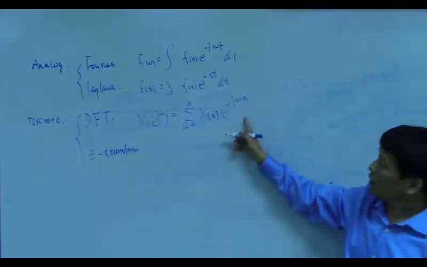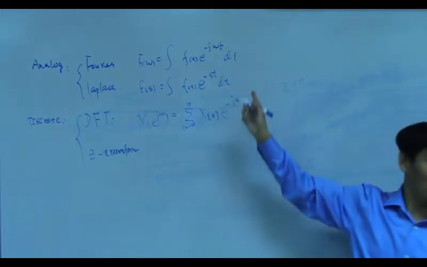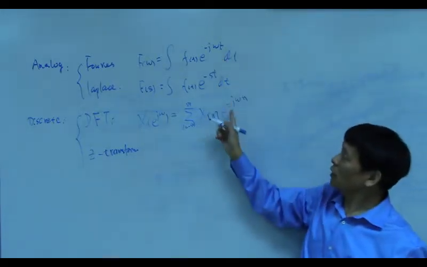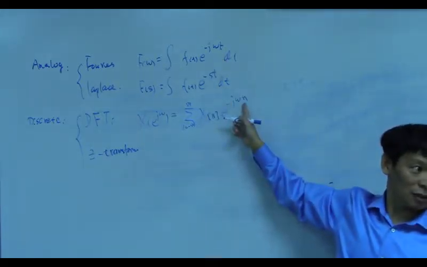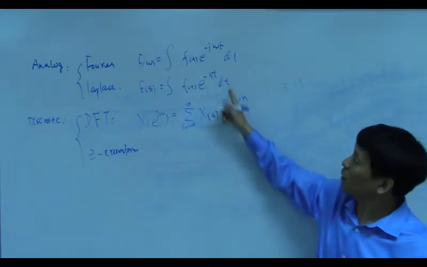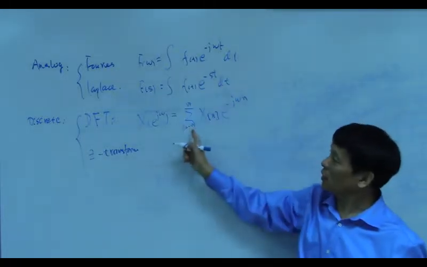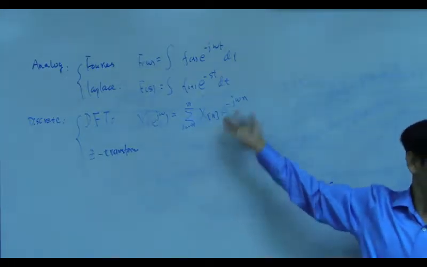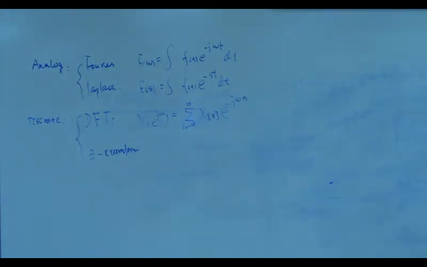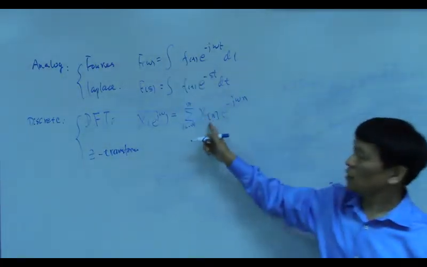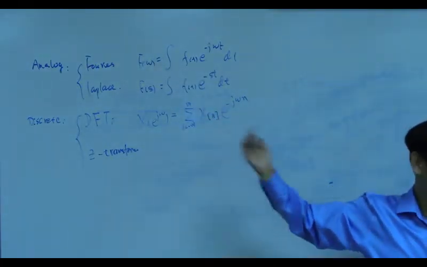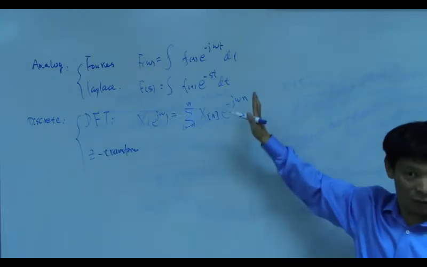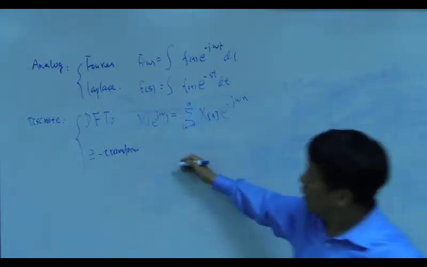If you compare this one to the continuous one, it is very similar. This is time t, this is time n, and instead of the integration we just have a summation with respect to time n. So it's almost the same. One is a continuous signal, the other is a discrete sequence, that's all. Again, we don't discuss how to do this.